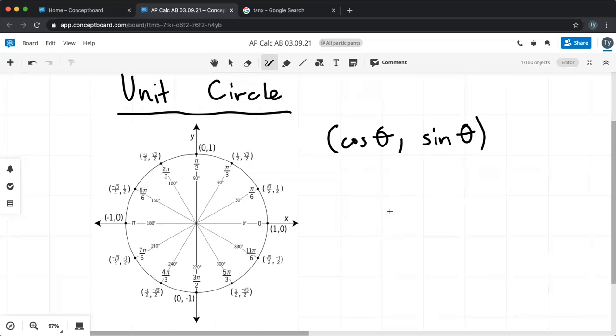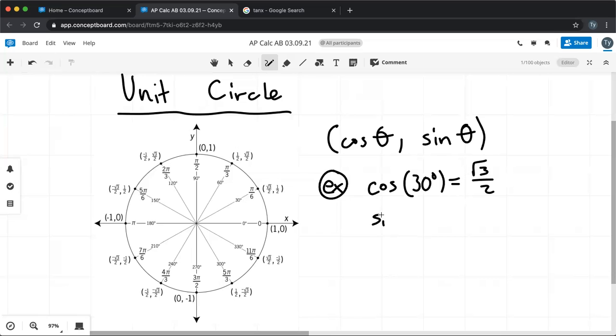Okay, and how you read this, we can look at a couple examples. If we want cosine of 30 degrees, we can look and say, okay, here's 30 degrees, and I know cosine is the x coordinate on the circle. So it would be this value, which is root 3 over 2. Similarly, let's do sine.